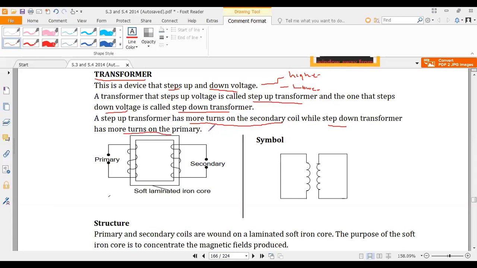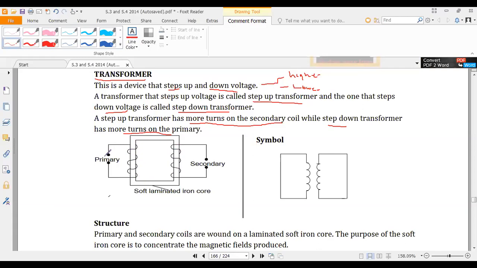If you look at what makes up a transformer, it is made up basically of a soft laminated iron core, and wires, or coils, are wound around the sides of the soft laminated iron core.